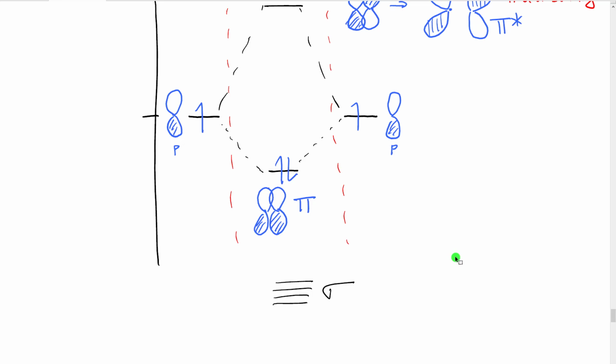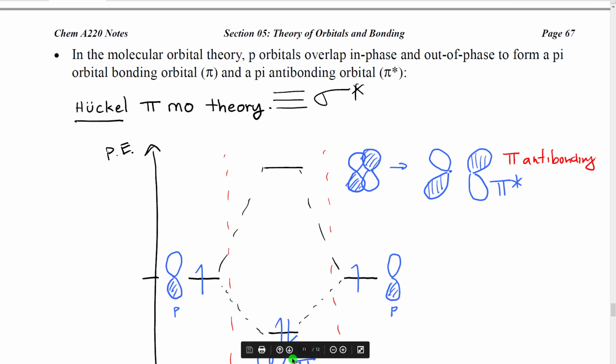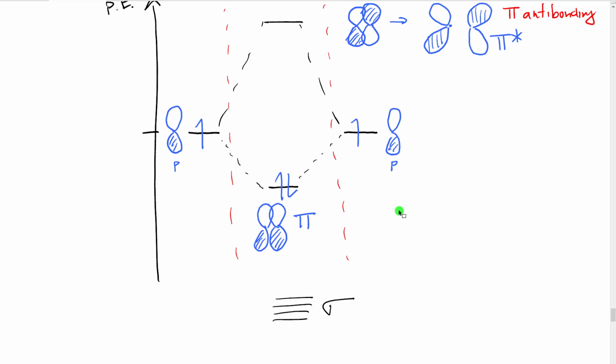So the sigma bondings would go way down, and if we were to calculate sigma antibondings, they would go way up. That's one of the reasons why we ignore them: they're so high energy most of the time that they're not going to be involved in the chemistry. Then, in the middle, we would get molecular orbitals that result from overlapping an unhybridized p orbital with an unhybridized p orbital, just the way we do molecular orbital theory.